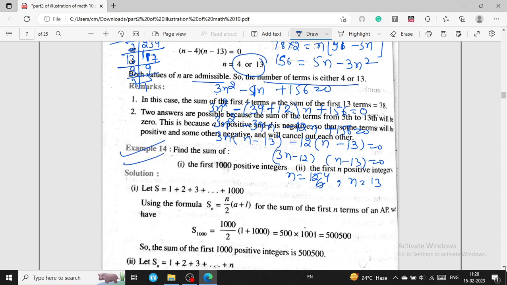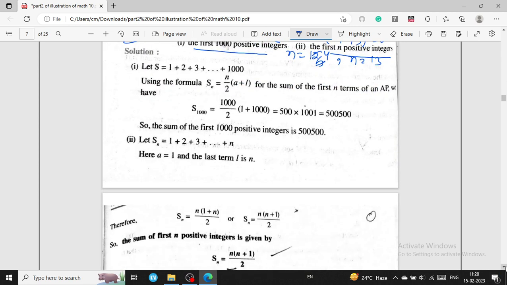Now the next question. Find the sum of first 1000 positive integers, and second question, find the sum of first n positive integers. First 1000 positive integers means 1 to 1000 counting.